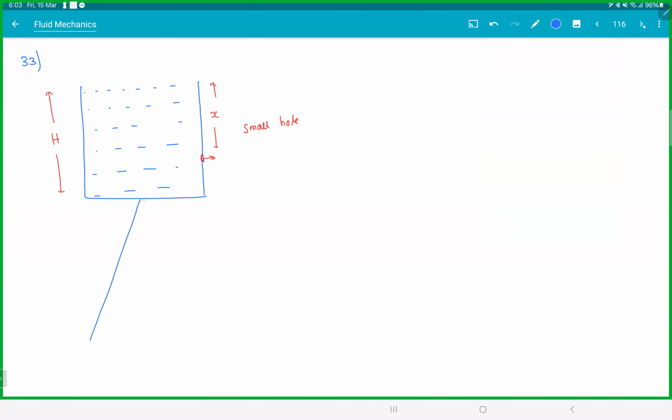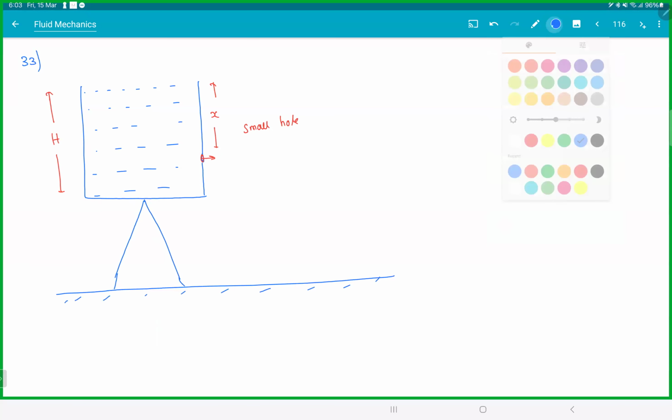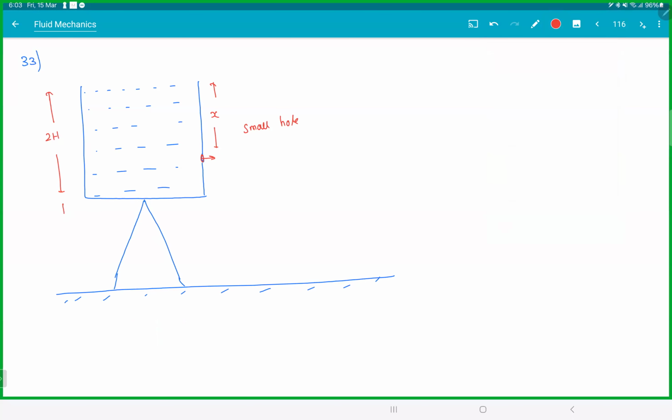And this whole setup is placed on a platform. Let this be 2h and let this be h. So liquid will fall from here and hit somewhere here. This is your range. Find x for maximum range.